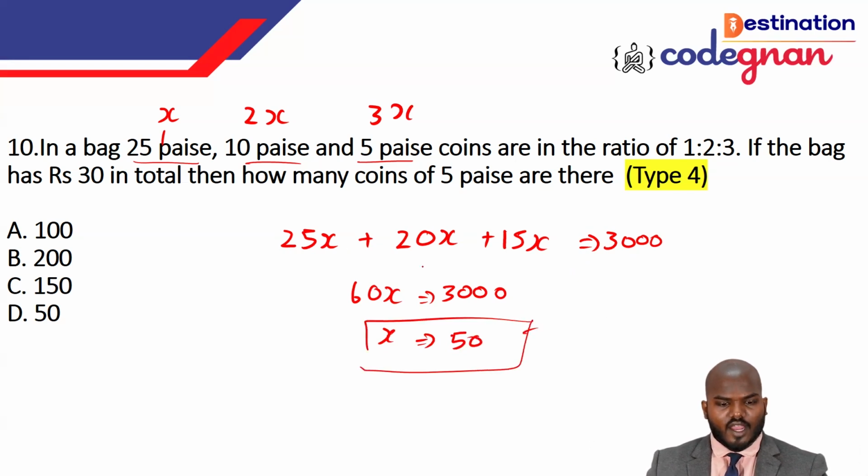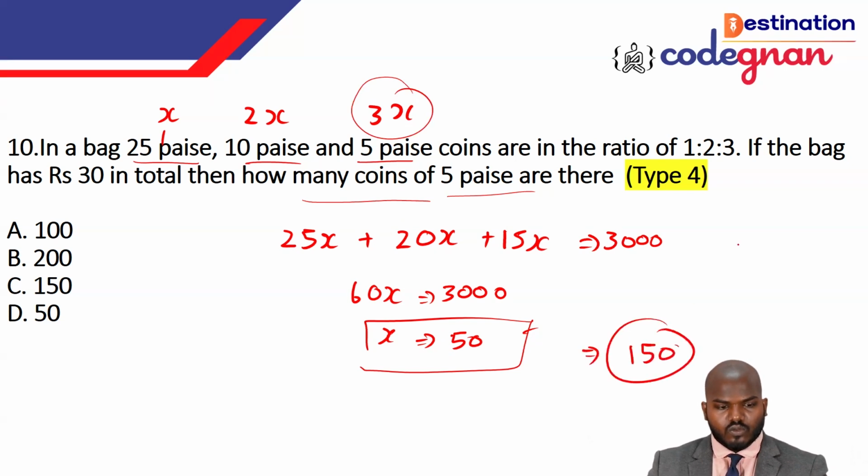They are asking how many coins of 5 paise there are. So it is 3x. If you multiply that, we can say it is 150 coins for 5 paise. This is how you can calculate this particular question, guys. Okay, so we just want to solve one more question.